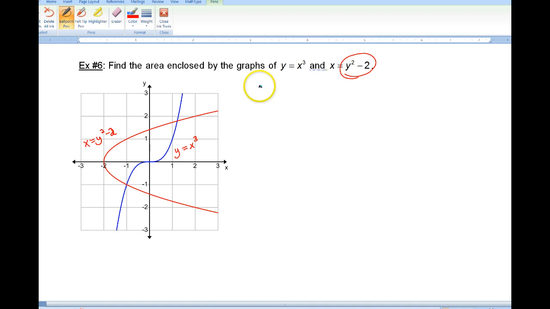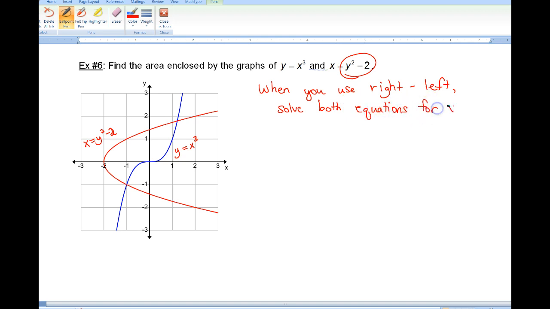So let me write that down: when you use right minus left, solve both equations for x equals. The one is already solved for us. This was our left-hand curve, x equals y squared minus 2.